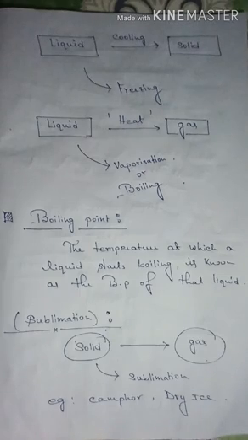Now if liquid converts into gas, the conversion process is known as vaporization or boiling. Sometimes it is called evaporation. We have to find out the difference between evaporation and boiling. First see that if liquid is given heat energy, it converts into gases.